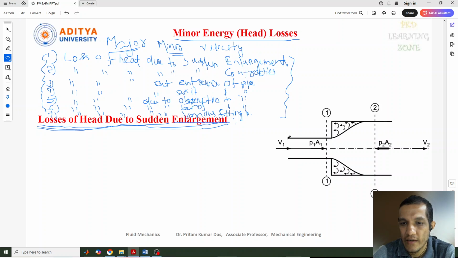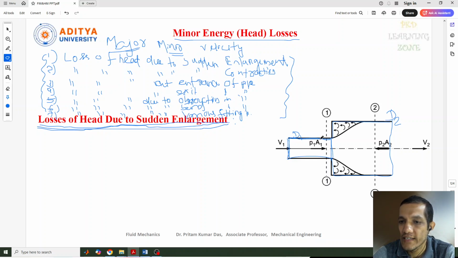Here I have taken a pipe with some diameter d1, and suddenly the diameter changes to another diameter, suppose d2. Due to the sudden enlargement of this pipe, we need to discuss what the loss of head or energy in the fluid is.